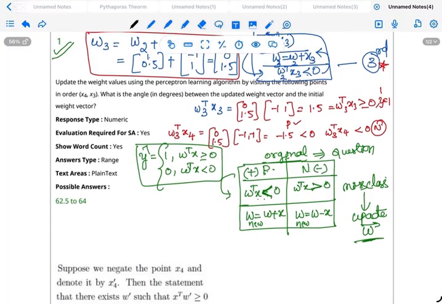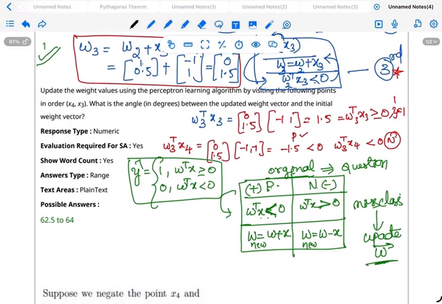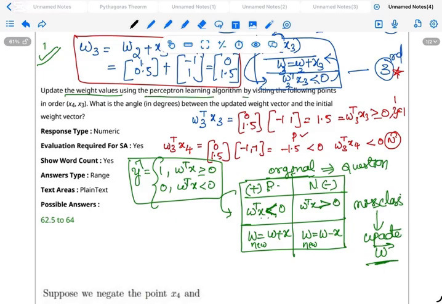Next question. Update the weight vector value using the perceptron learning algorithm by visiting the following points in order: X4 and X3.